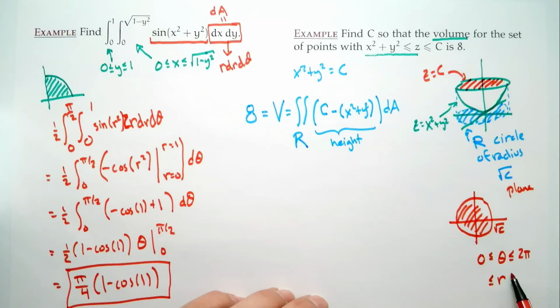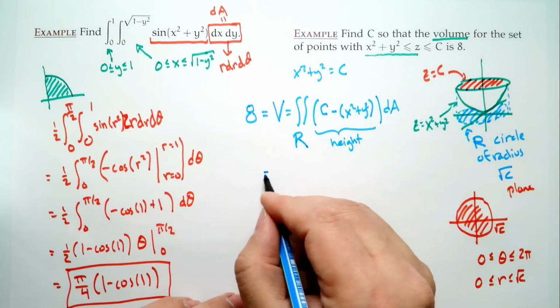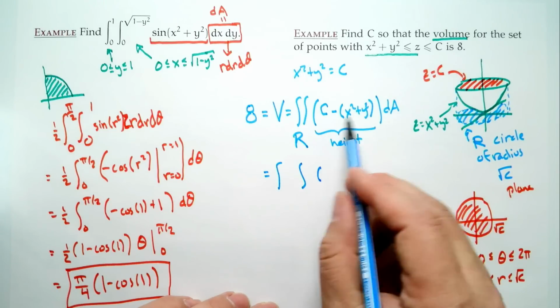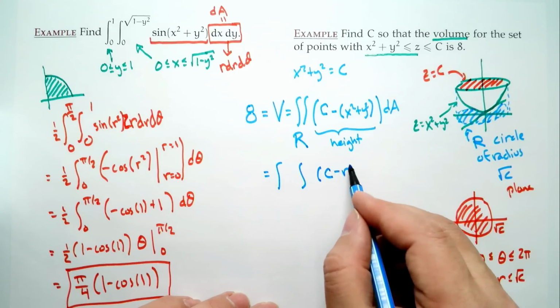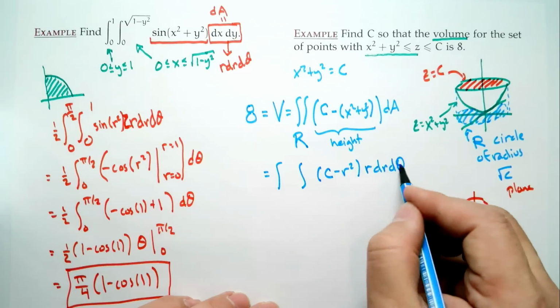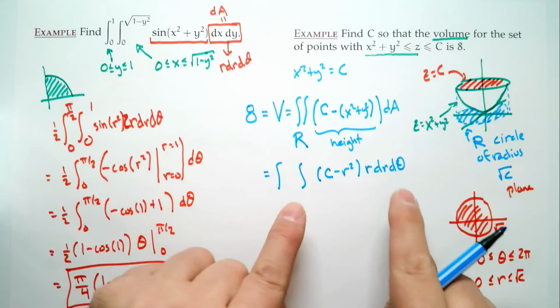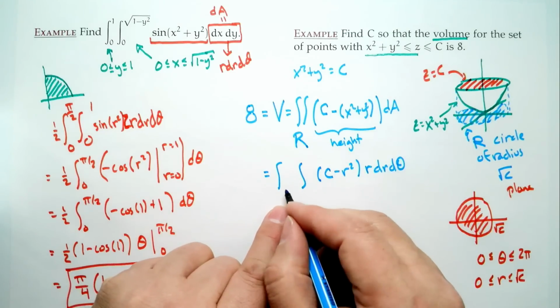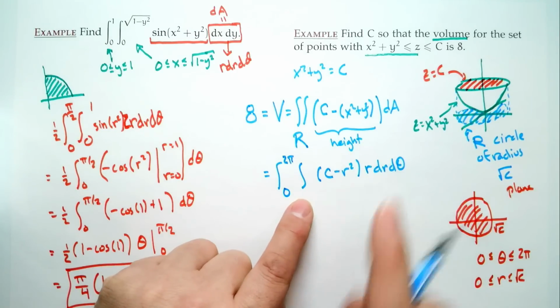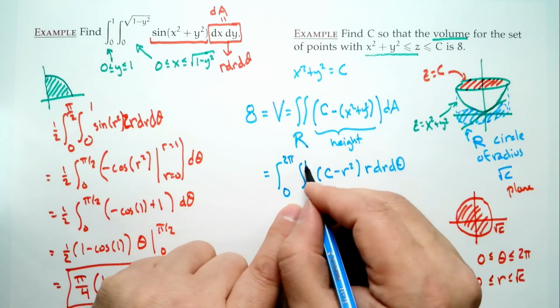Where do we go from? 0 to the square root of c. So we have that our volume is going to be equal to the integral. Our function, we're going to switch to polar, so it becomes c minus r squared. Our dA is r dr d theta. Our bounds, theta, that's the outside, so that's 0 to 2 pi. Next, our inside is r, that's 0 to root c.